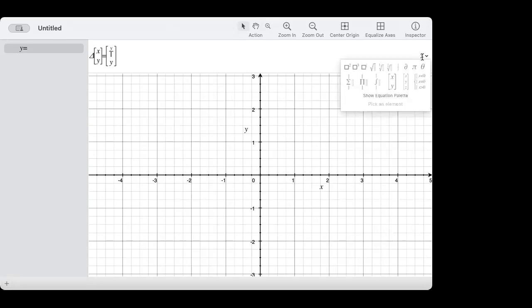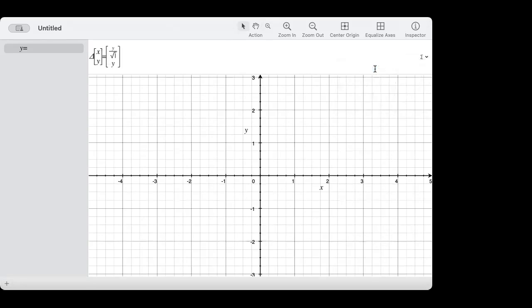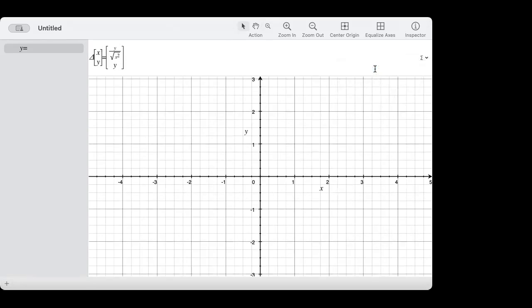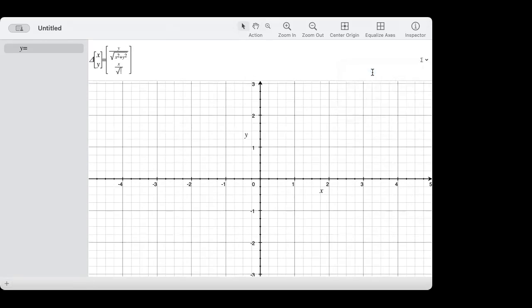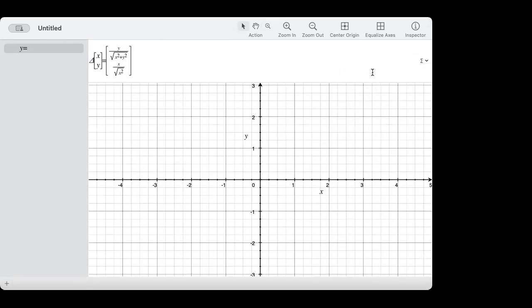So square root there, x to the second plus y to the second. Go down here, replace the y with x over, again, the square root, x to the second, plus y to the second. I was up in the exponent, so I had to hit the right arrow to get out of the exponent.